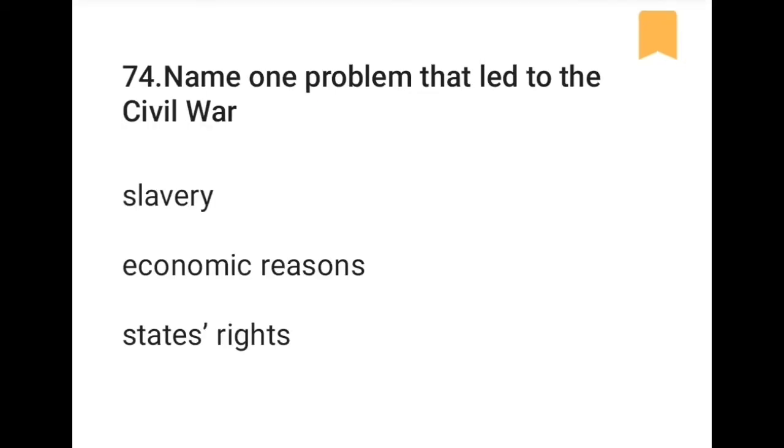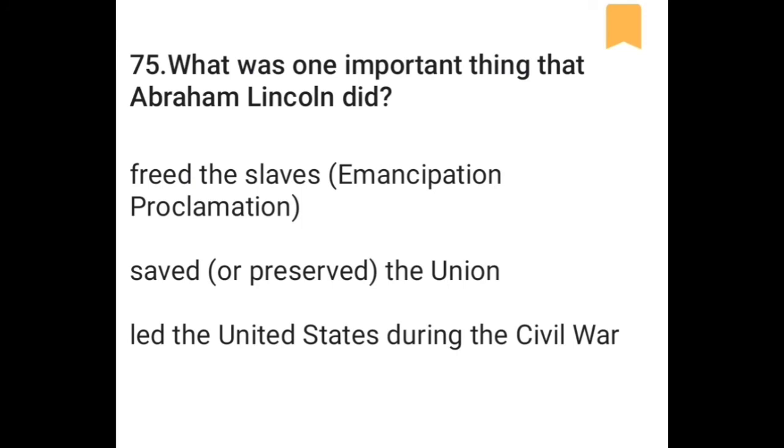Name one problem that led to the Civil War. Slavery. Economic reasons. States' rights. What was one important thing that Abraham Lincoln did? Freed the slaves. Emancipation Proclamation.